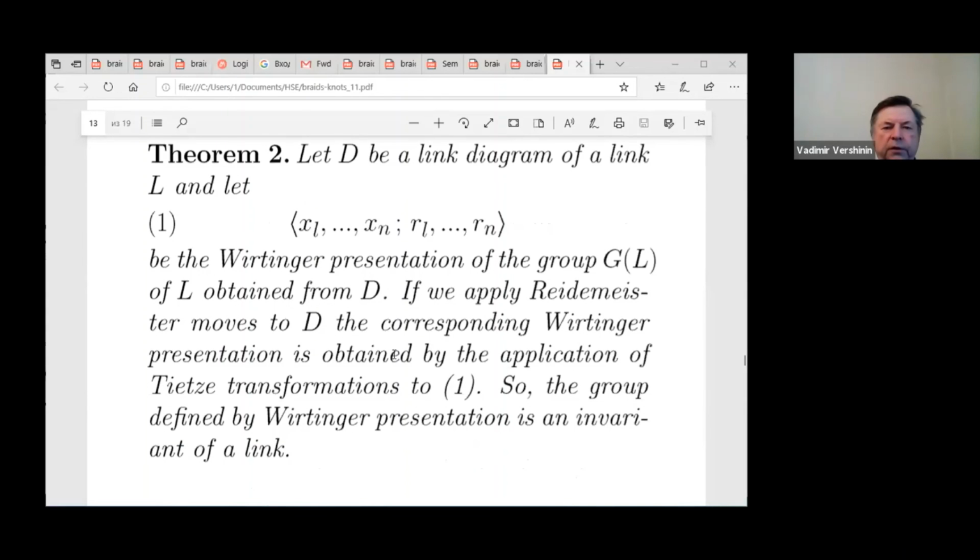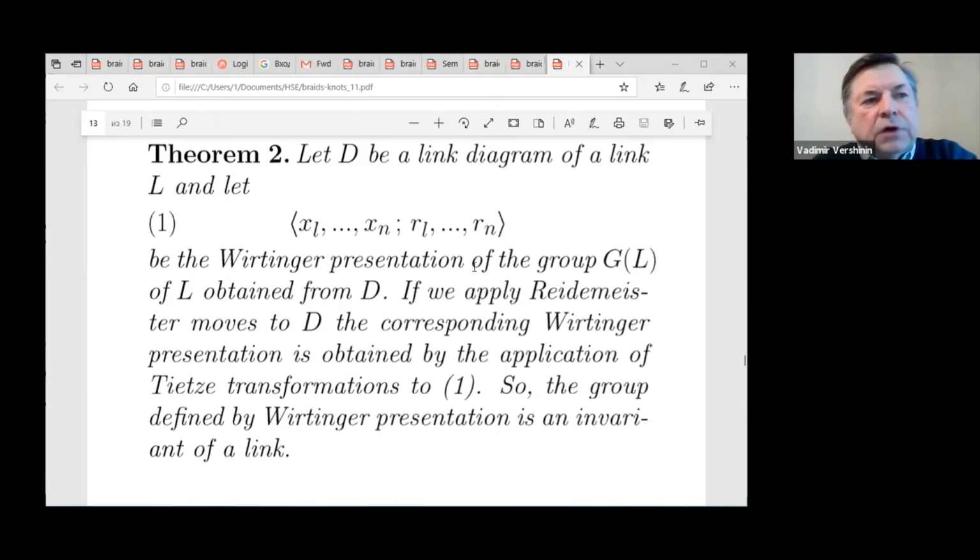So we have the following theorem, that if we have D a link diagram, and this is the Wirtinger presentation, this is the algorithm that we used, and suppose we now try to make Reidemeister moves to this diagram.